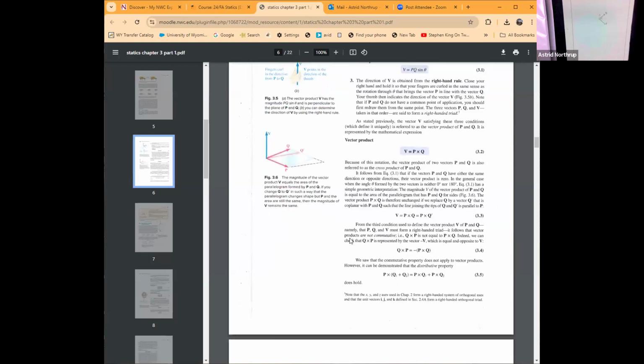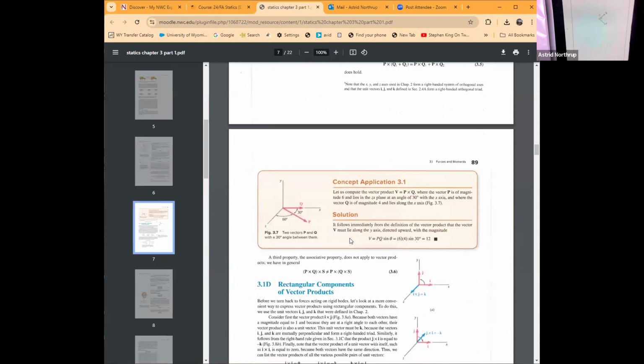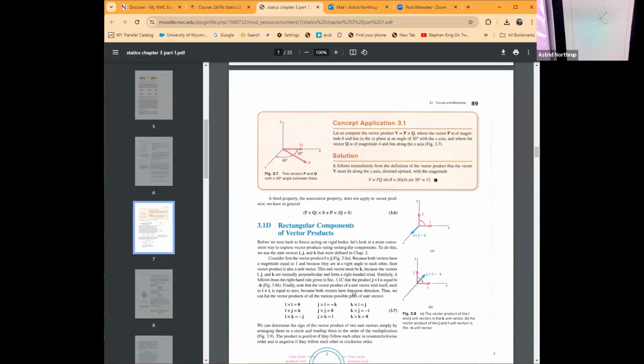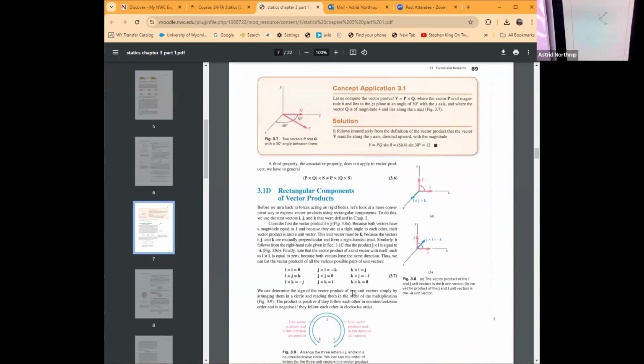At which point you probably say, what does the vector math look like? Well, it turns out that to execute a cross product, the first thing you do is to write your vectors in vector notation.